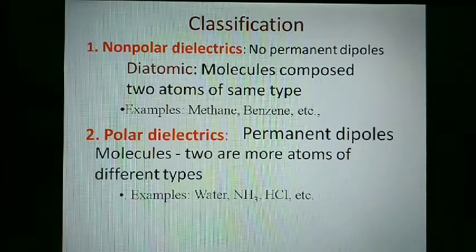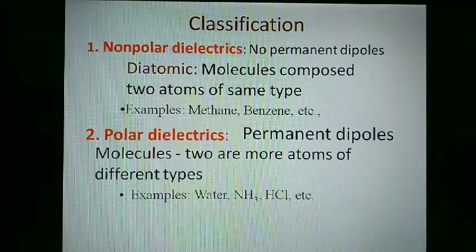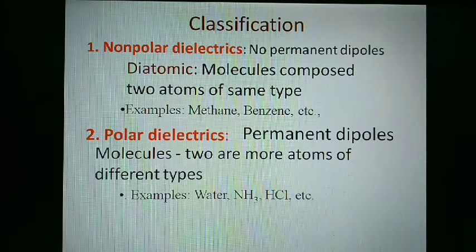Dielectrics being poor conductors of electricity, perhaps because of this particular insulation property, are most interesting and useful for electrical engineering materials. And these materials, as I mentioned, are useful in the capacitors.